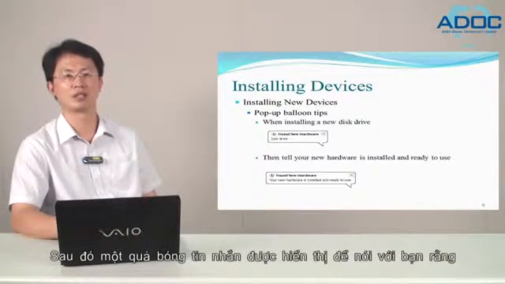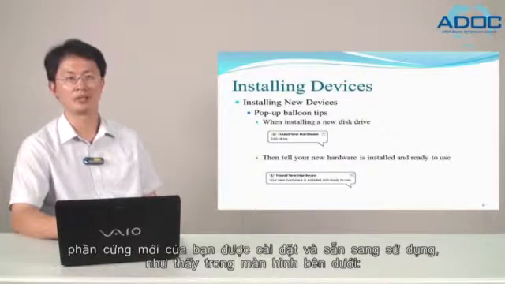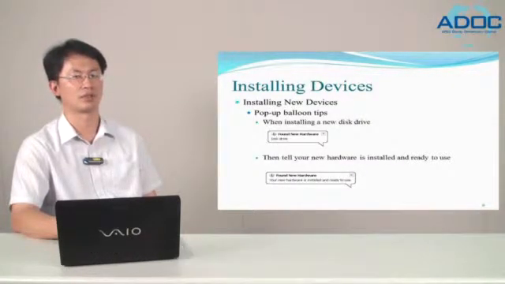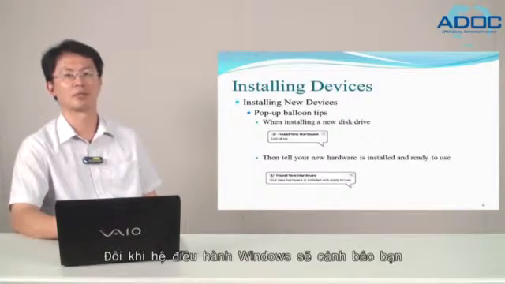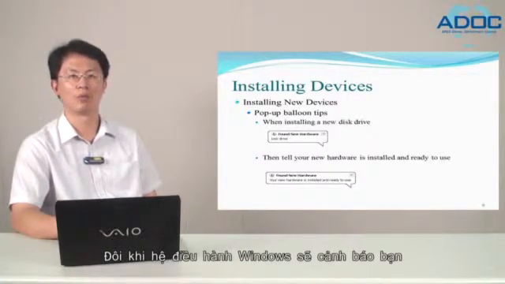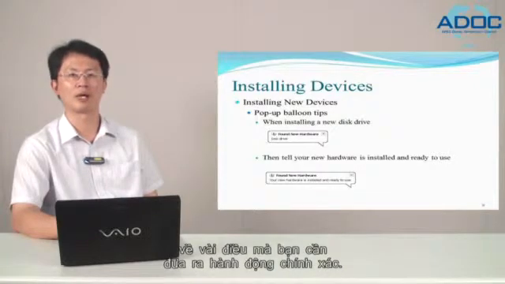Then a balloon message is displayed to tell you that your new hardware is installed and ready to use, as shown in the following screens. Then sometimes the Windows operating system will warn you about something that you might need to take action to correct.